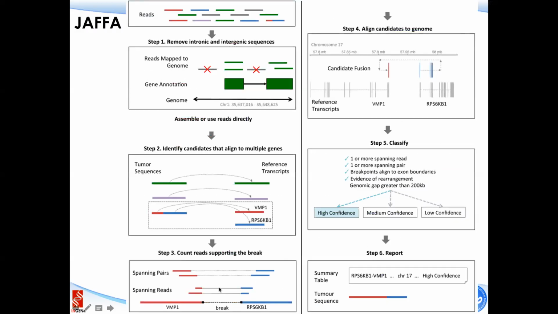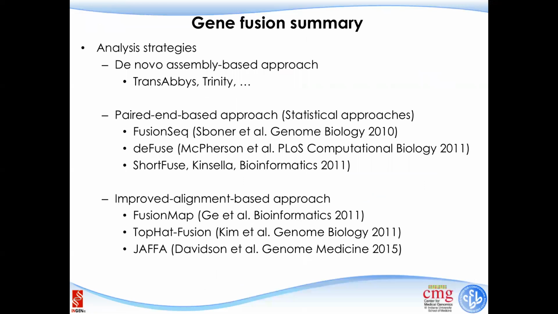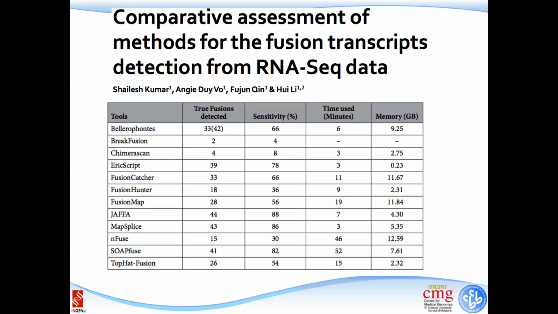And then we use these values to train a classifier to give the scoring or the confidence level for the called gene fusion. And here is just a summary. We have these kinds of methods. This paper compares the different fusion transcript detection methods using RNA-Seq data.